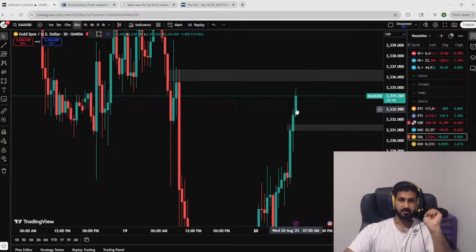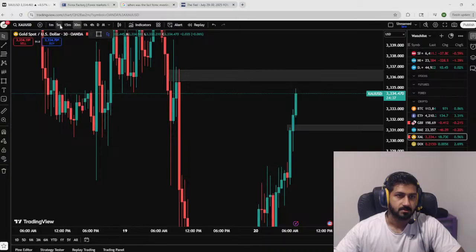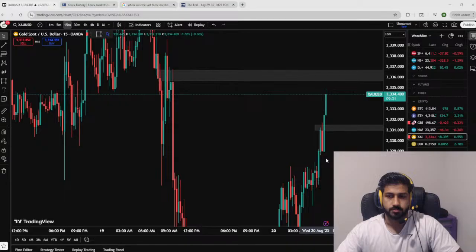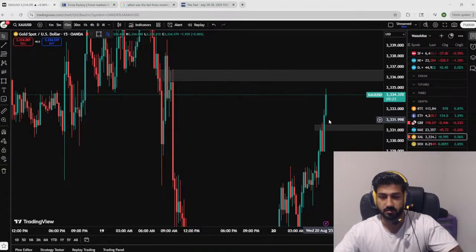The next candle could break above and continue to push. Let's see how we close on this 15-minute. Maybe we still have an entry.